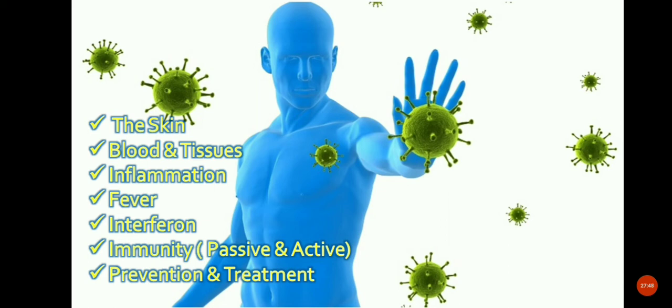In the passive, natural passive immunity occurs when the mother transfers antibodies across the placenta to her unborn child during pregnancy, and when the child is born, he or she has the same immunity as the mother. Passive immunity is short-term protection, while vaccination is a form of developing active immunity.